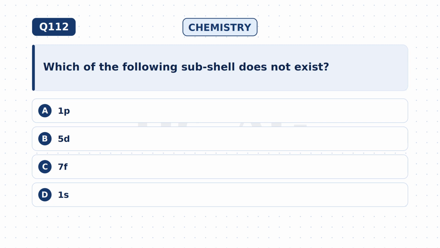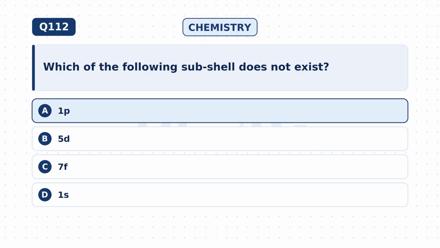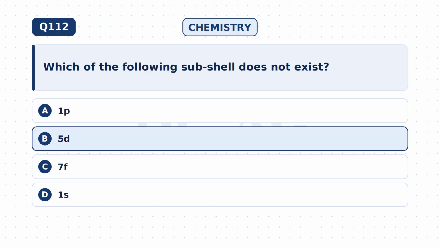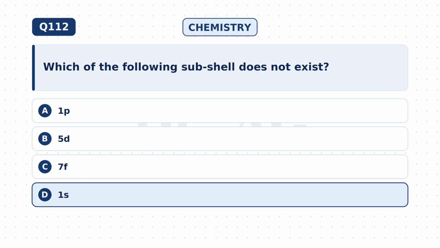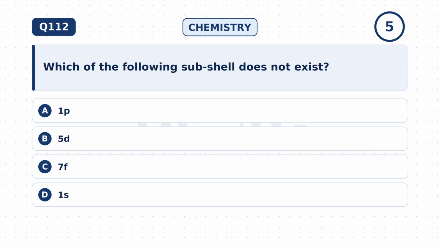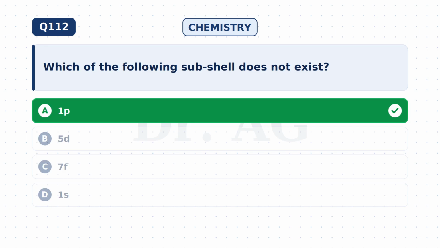Question 112. Which of the following subshell does not exist? Option A, 1p. Option B, 5d. Option C, 7f. Option D, 1s. The correct answer is A, 1p.